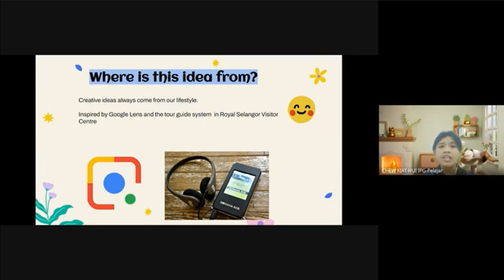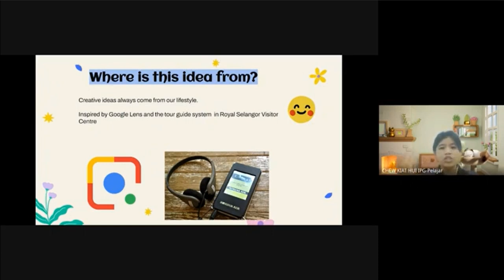Google Lens, we know, is an application where we utilize the function of capturing any picture, and it will detect it and give us some information about the object.